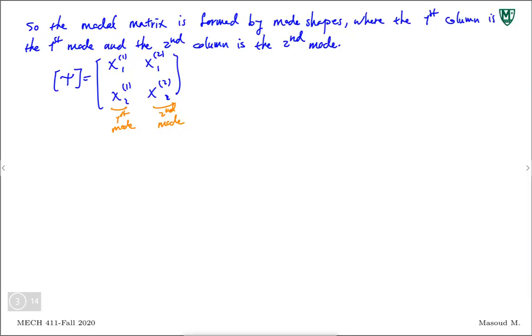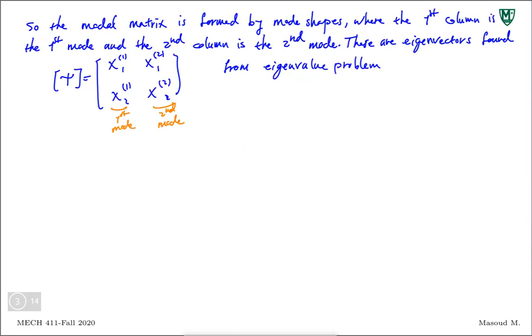So why do we do this transformation? These are eigenvectors found from the eigenvalue problem that we solved.